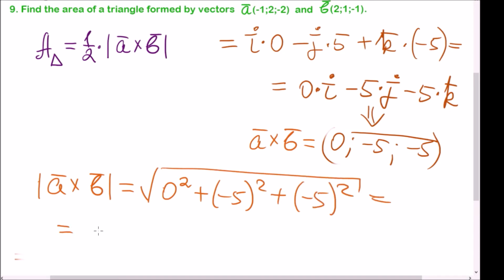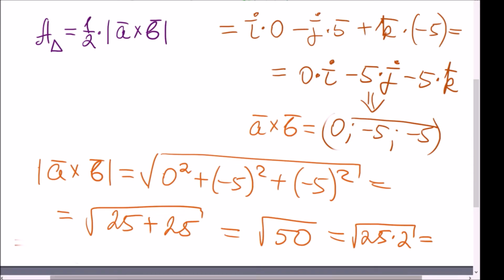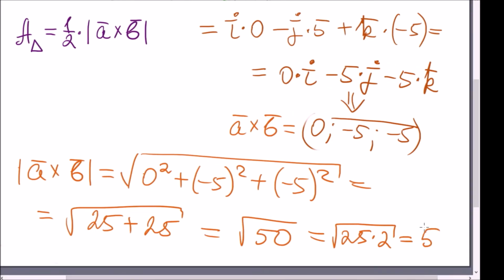We have minus 5 squared, 25, plus 25, square root of 50, and 50 is 25 multiplied by 2, and the square root of 25 is 5, so we'll have 5 square root of 2.